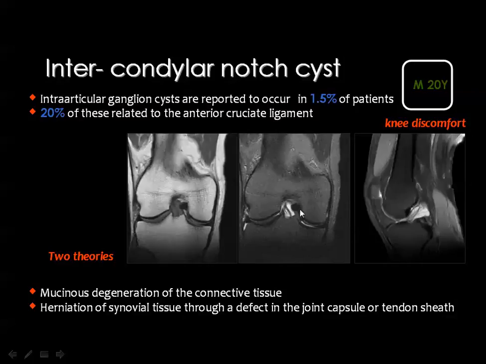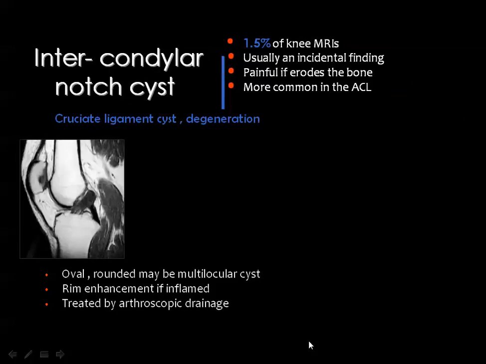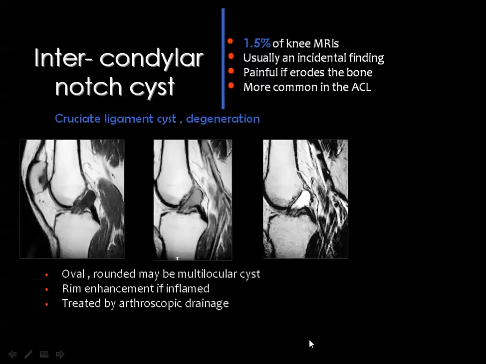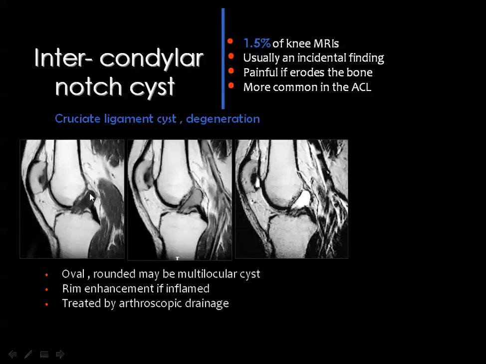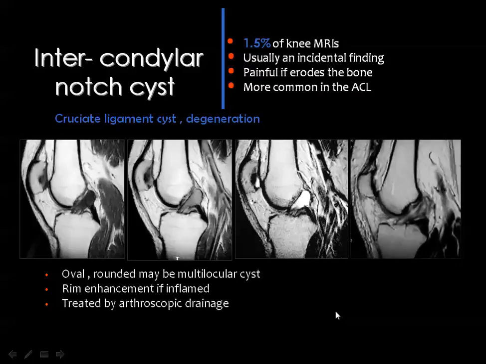This is a good example, T1 and gradient image, and also here in the T2 weighted image, and you can see the fluid content of the lesion. This is also a good example of the anterior cruciate ligament: low signal in the T1, intermediate in the proton, high signal in the T2. And this is the difference between intercondylar notch cyst and ACL mucoid degeneration.